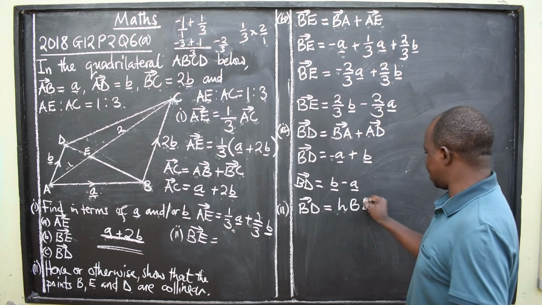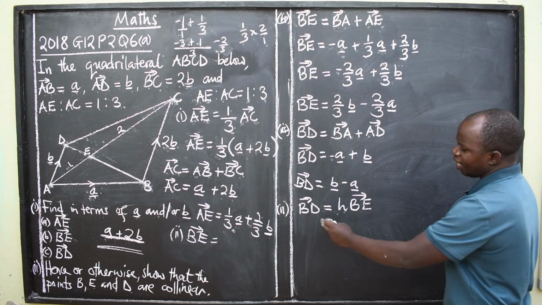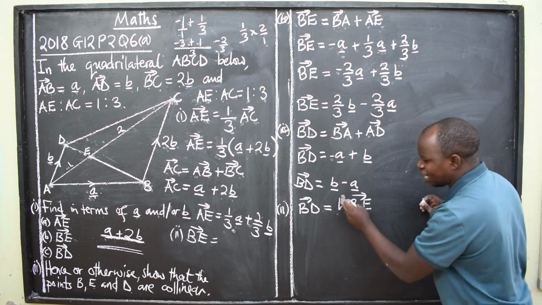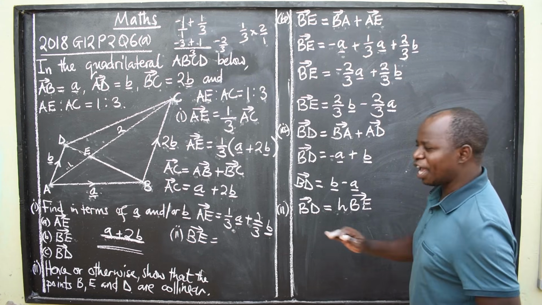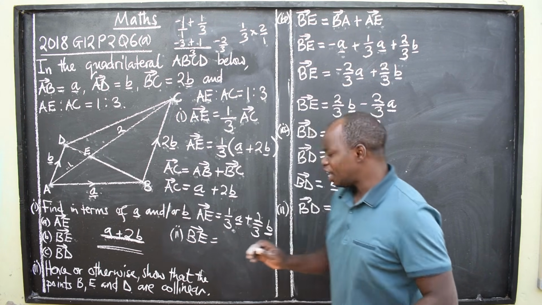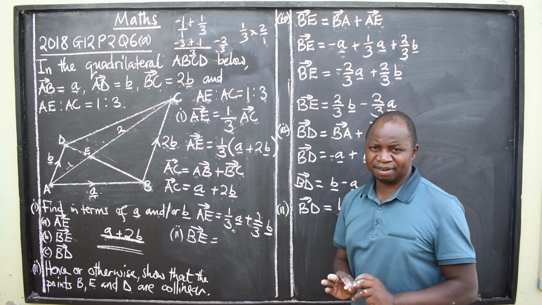In short, if this statement is true, if we are able to find H here, then we can conclude that the 3 points are collinear. If we are not going to find H, then they are not collinear.